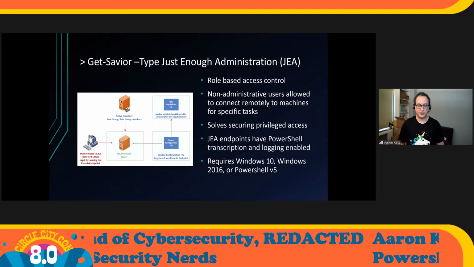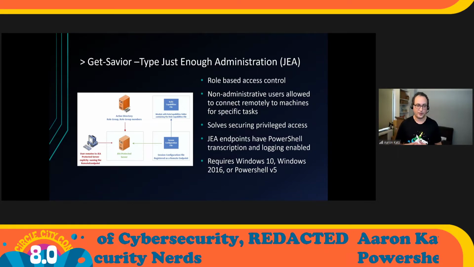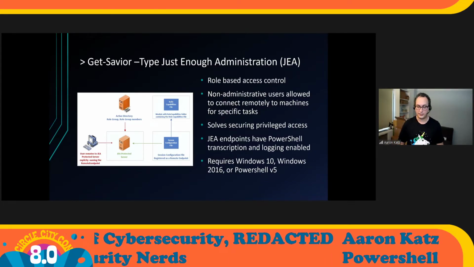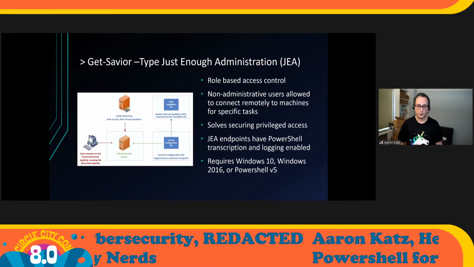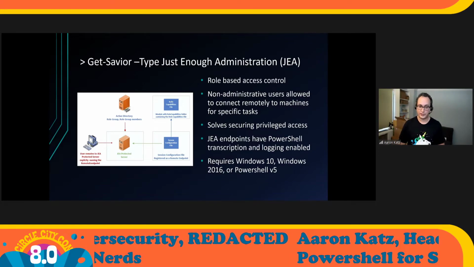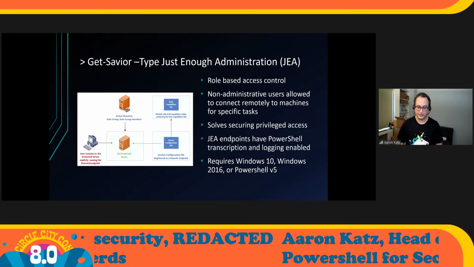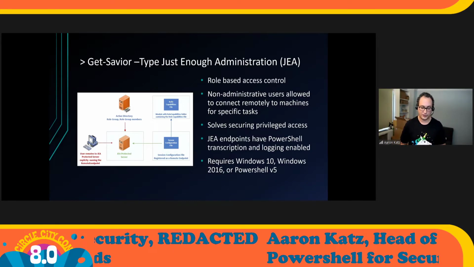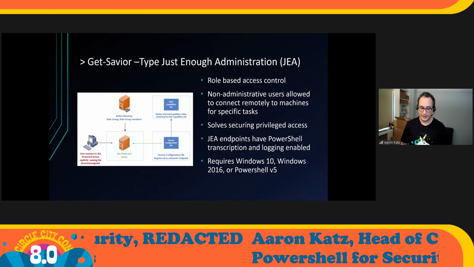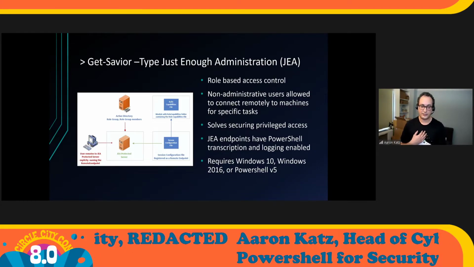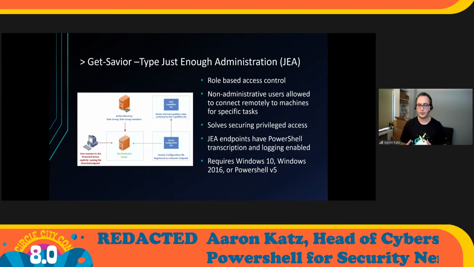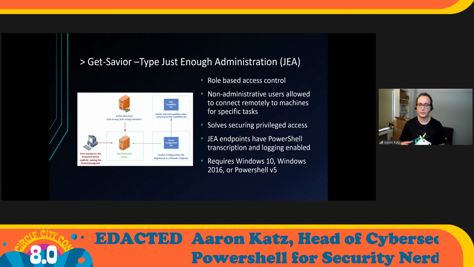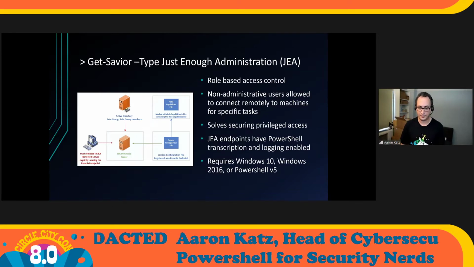Every single one of the endpoints that Just Enough Administration is on also has transcription and logging enabled, but it does require Windows 10. The earliest server it supports is 2016, and it requires PowerShell version 5. And again, if there's one takeaway, this is one of the best approaches you can take to limit what someone can do maliciously with PowerShell.